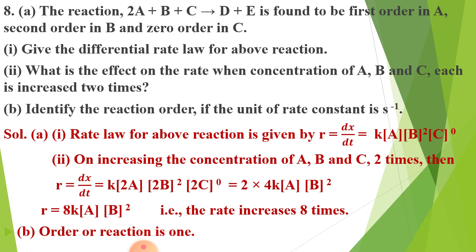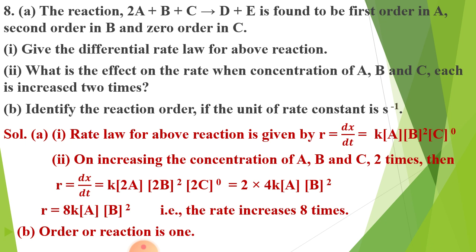As the rate law indicates that the rate does not depend upon the concentration of C, on increasing A, B and C 2 times, the rate becomes k (2A)(2B)^2(2C)^0. After solving we get 2 into 4 k [A][B]^2, that means 8 times. So the rate becomes 8 times in that condition.